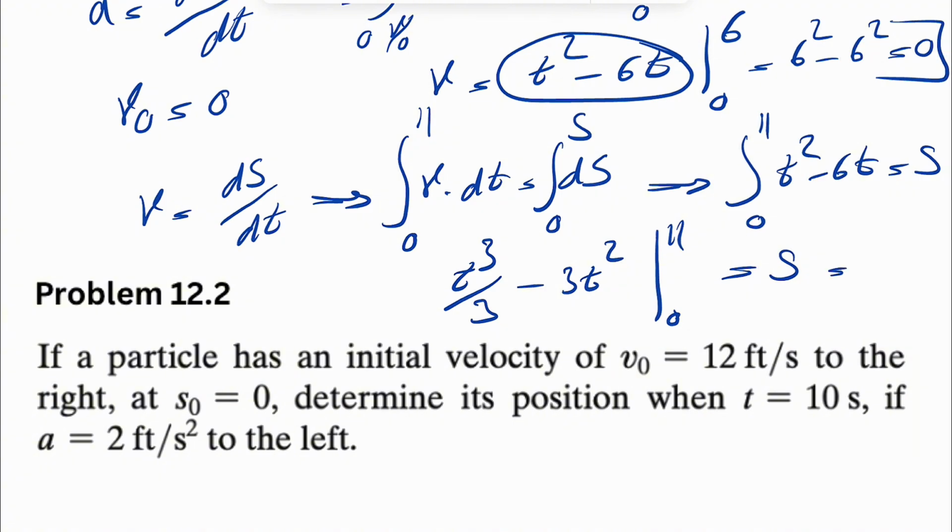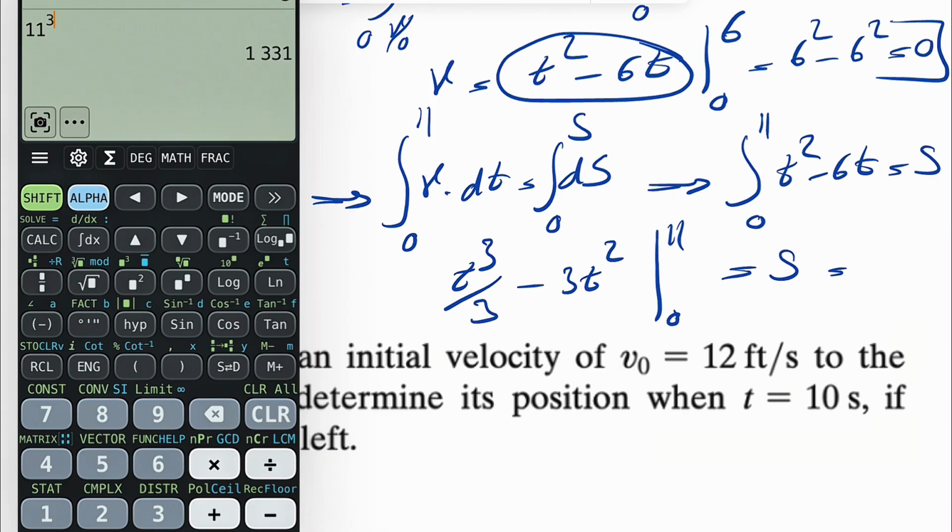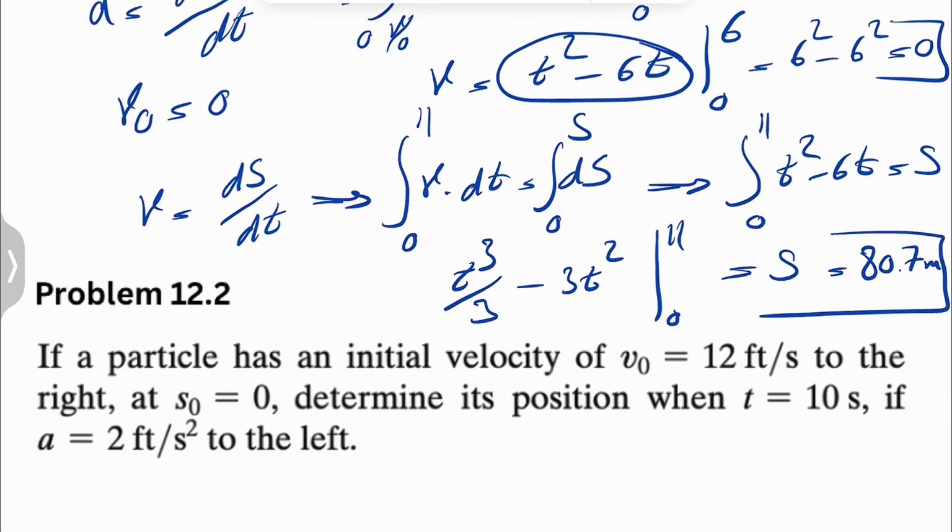So we have 11 cubed divided by 3 minus 3 times 11 squared, which is 121. And the s that we're going to get is 80.7 meters. And that's the final answer for the first question.